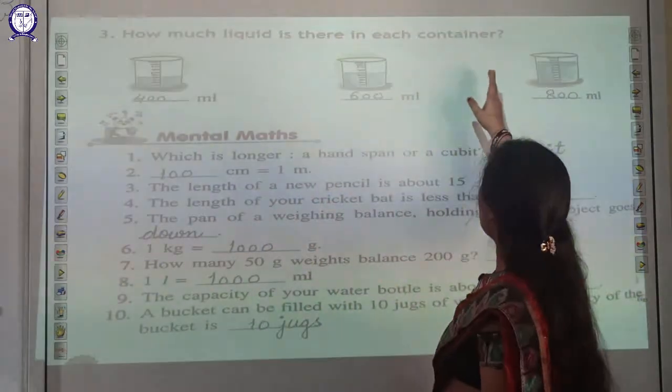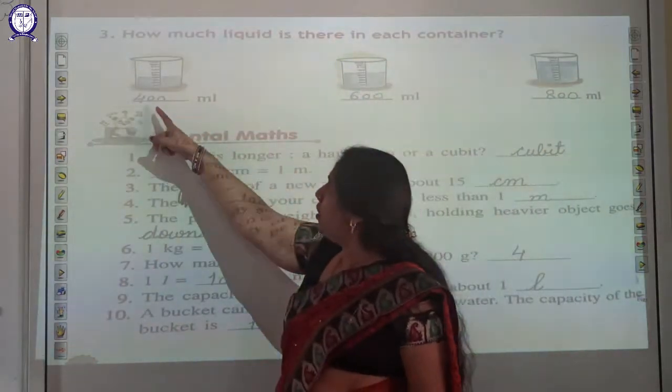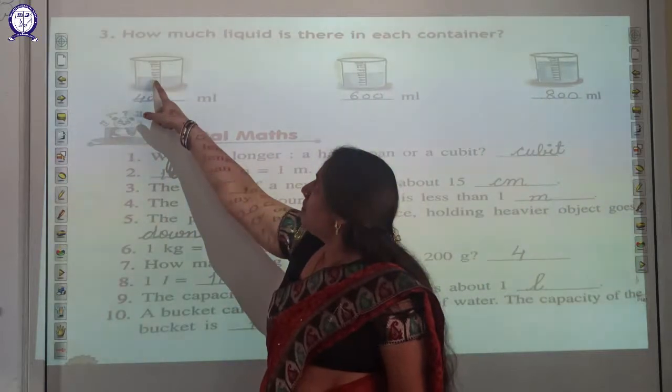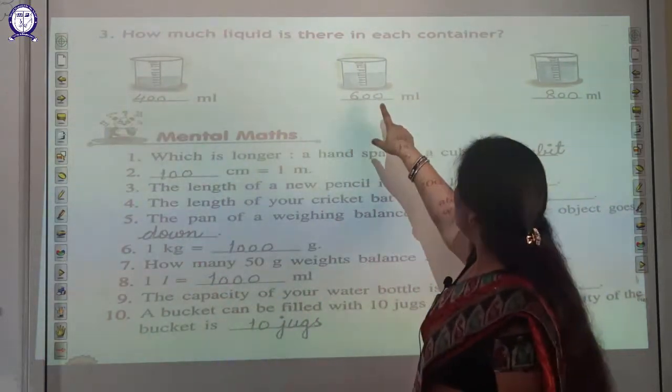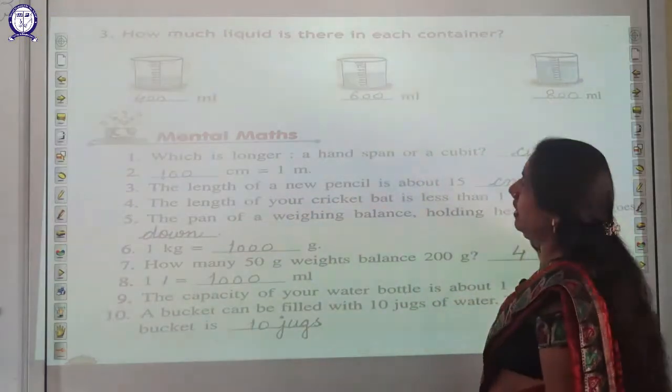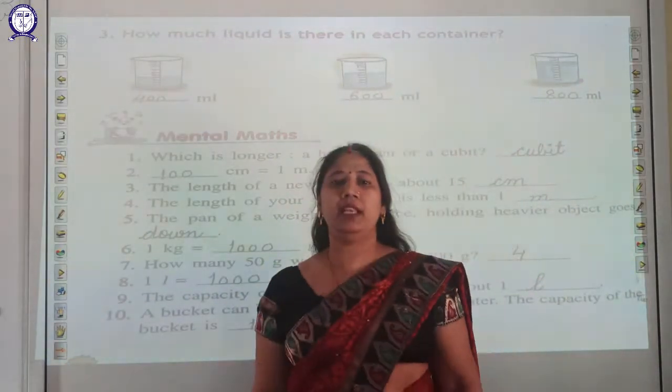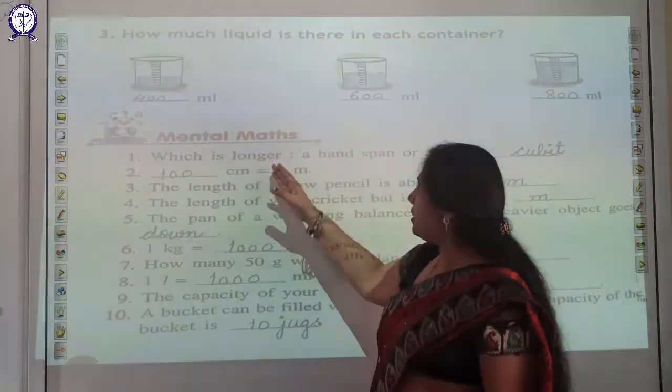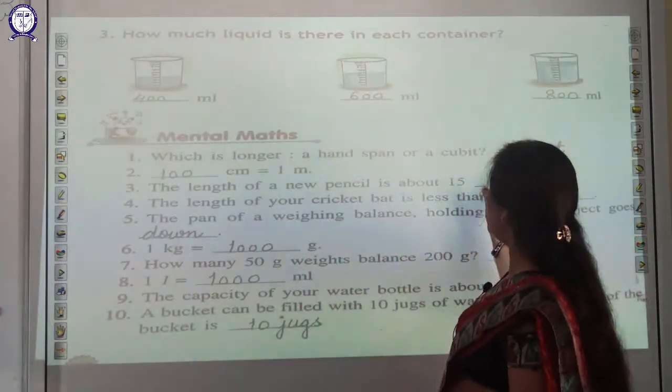How much liquid is there in each container? Look here, 4 ml. Look here, 600 ml and 800 ml. ml means milliliter.